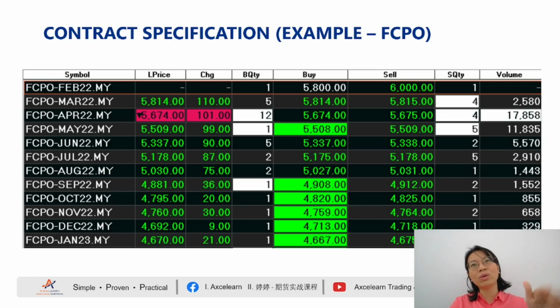Whatever the contract specification, there are about 5 items that are very important. The rest, like for FCPO, they have delivery ports and delivery grades, but these are not relevant for you as a retail trader. You just ignore them and highlight the important parts. Whatever I screenshot just now are the important parts. The rest, you don't need to run through.